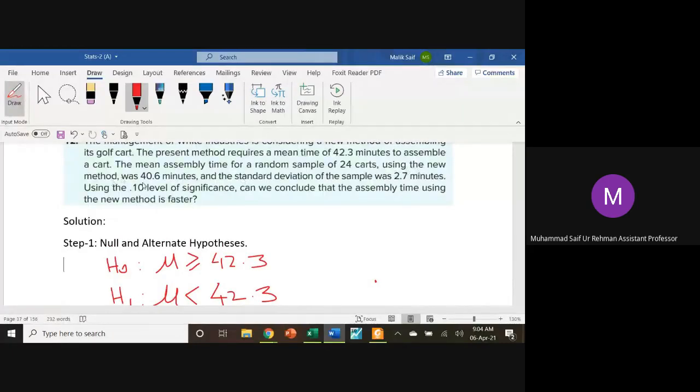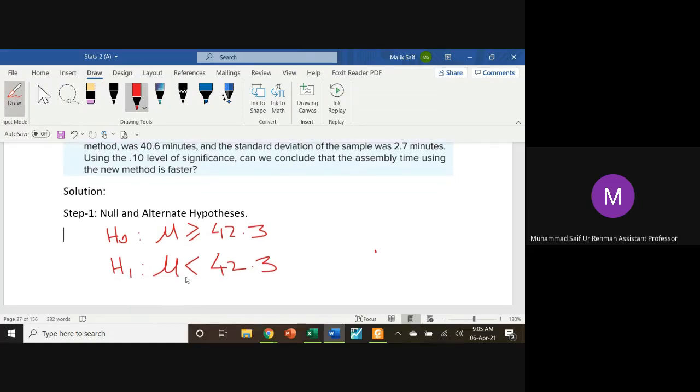The mean assembly time for a random sample of 24 cards using the new method was 40.6 minutes. So 40.6 minutes is less than 42.3. It means less time is now required to assemble the cards. So therefore, this sign will be there.